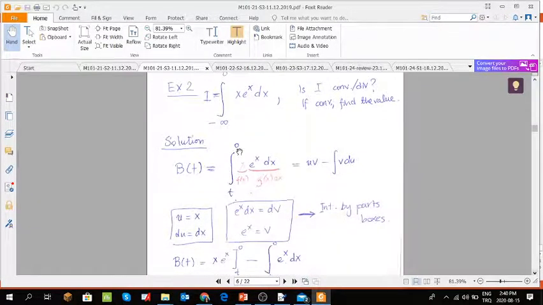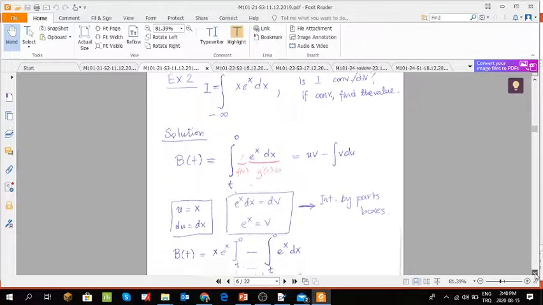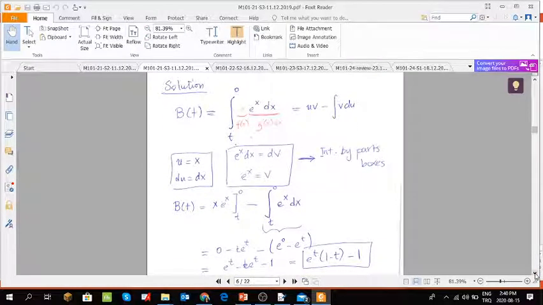Let's look at this integral. It's from negative infinity to 0. Is it convergent or divergent? If convergent, find the value. We have to use integration by parts. We have x e to the x dx. x is f of x, e to the x dx is g of x dx. We are going to apply u times v minus the integral of v du. u is x, du is dx, e to the x dx is dv, v is e to the x.